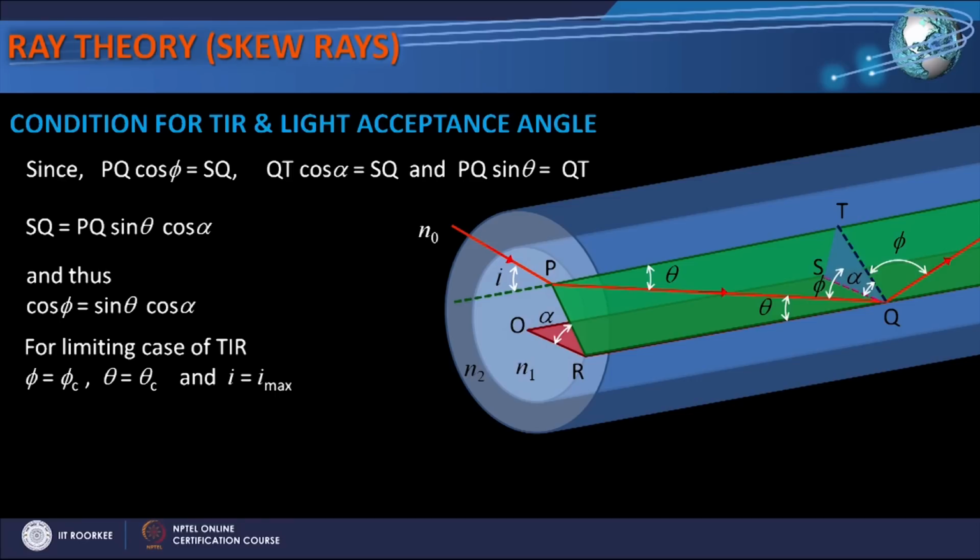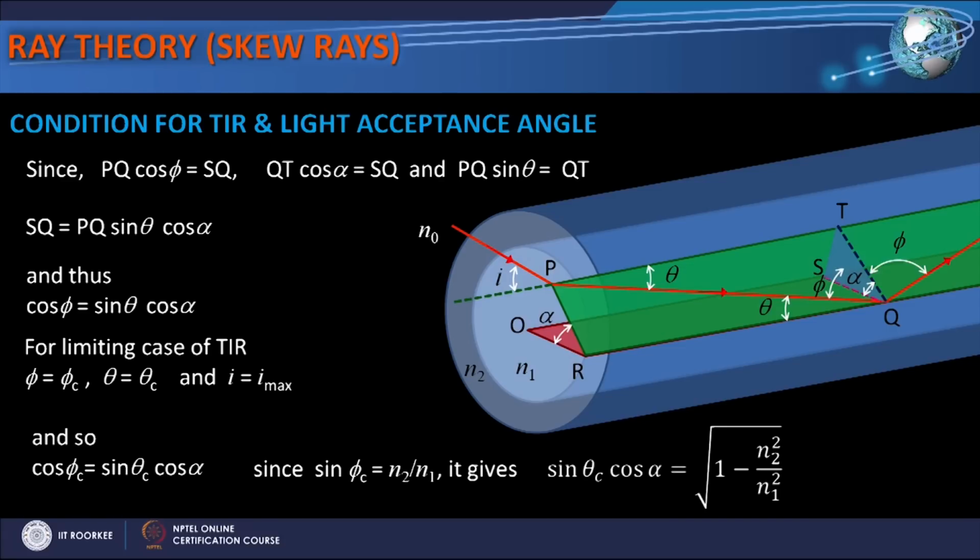Then I have from here cos phi c is equal to sin theta c cos alpha, okay, and since sin phi c is equal to n2 over n1, it gives me sin theta c cos alpha is equal to square root of 1 minus n2 square over n1 square from here, okay.